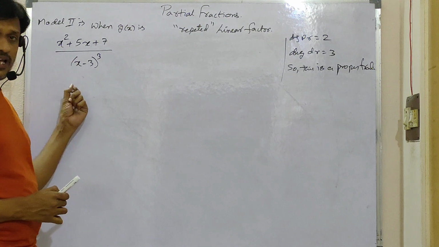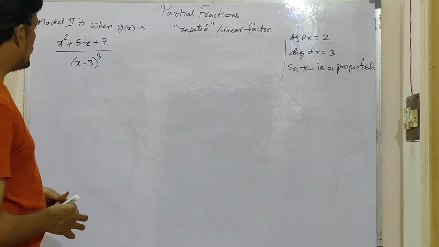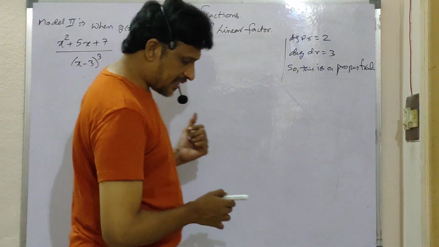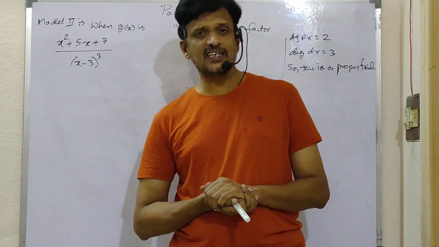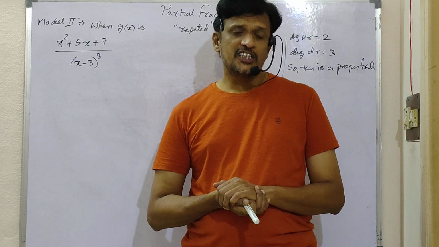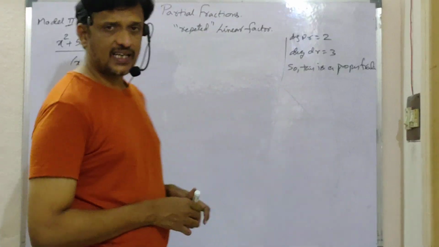But here in the second model, a repeated linear factor is given. So remember this one. When the denominator g of x consists of a repeated linear factor like this, you'll get partial fractions in this particular form.